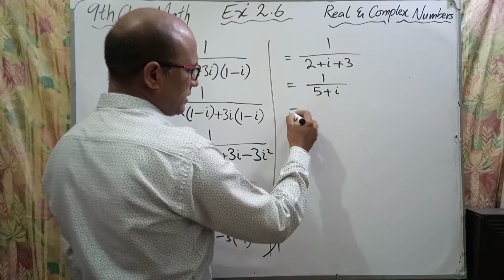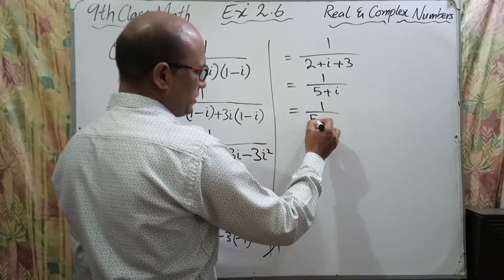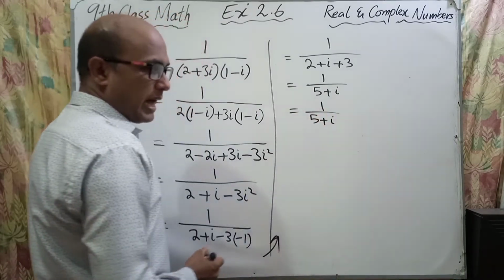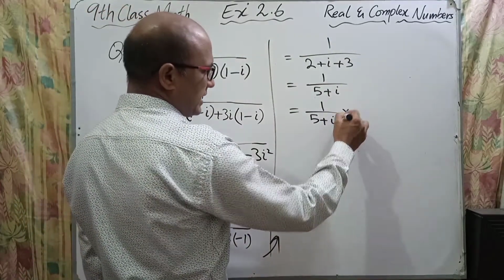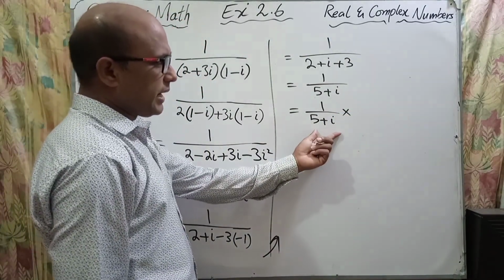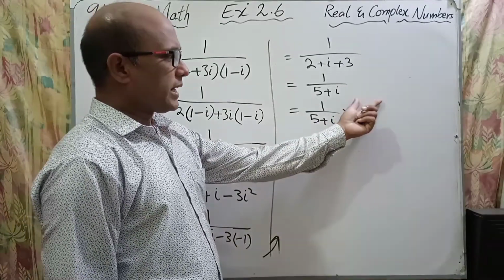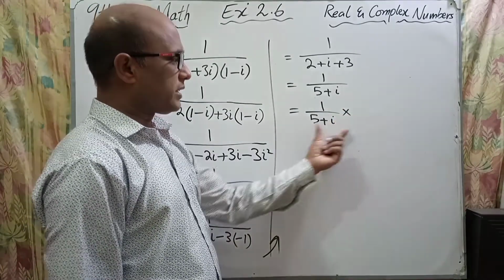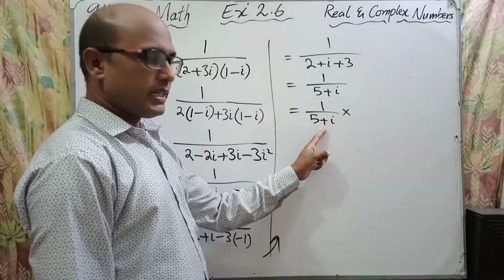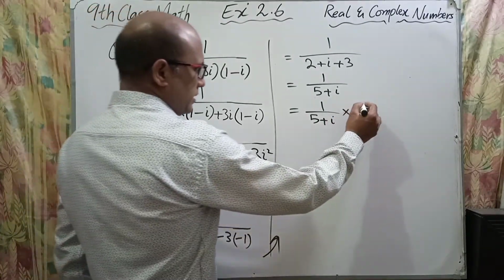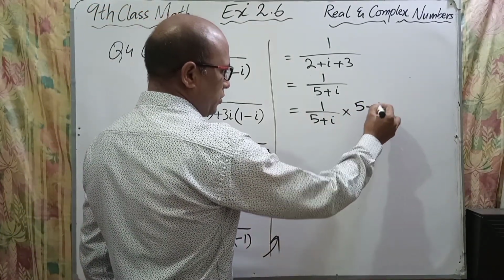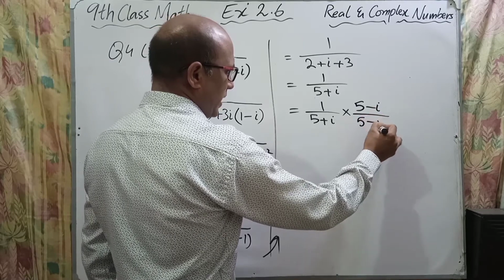Now students, again we have to apply the method of rationalization. The denominator will be multiplied and divided by this fraction by changing the sign. 5 minus iota over 5 minus iota.